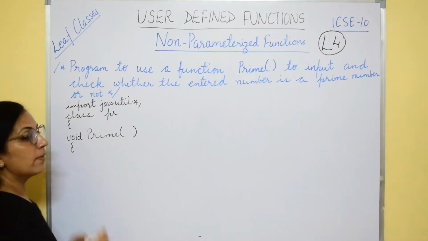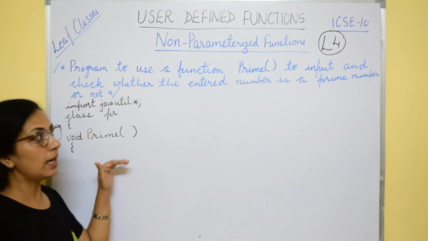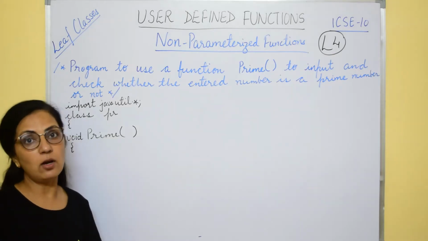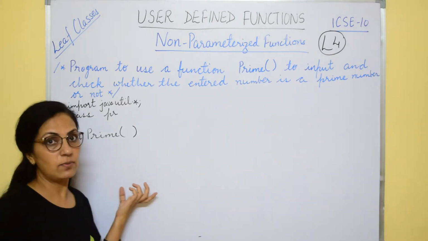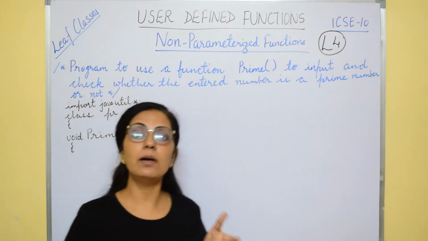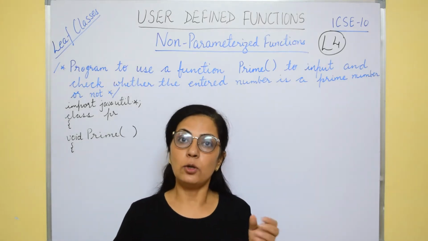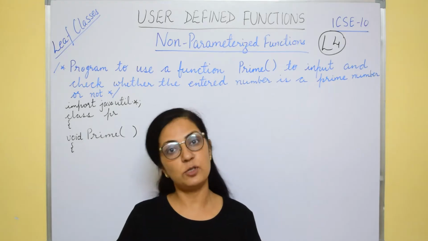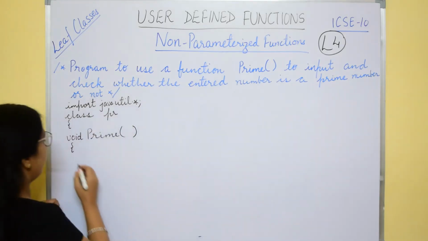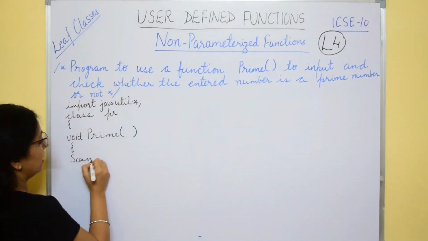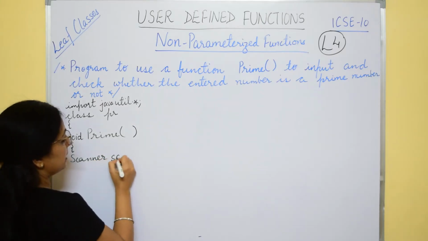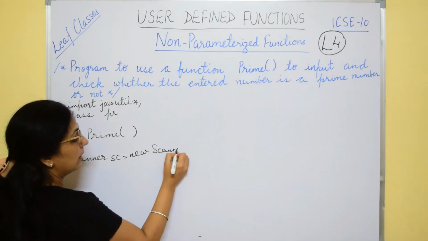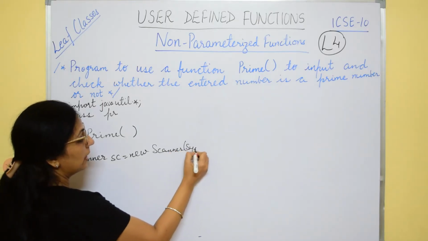Now the input is also done here only. So we will be using the scanner object in this function. In whichever function you have to input the value, you will be creating the scanner object in that function. So I will write the statement Scanner sc = new Scanner(System.in).